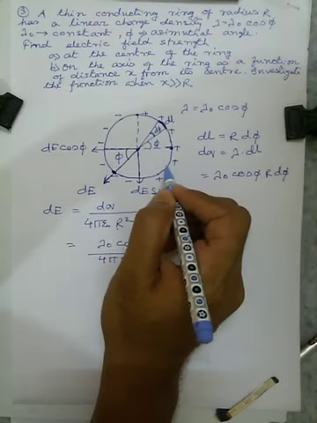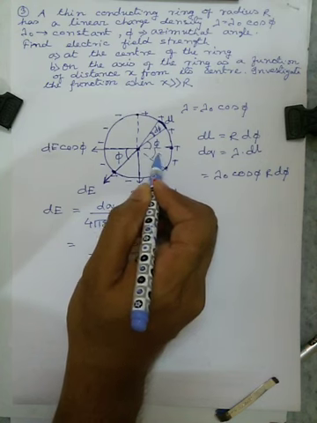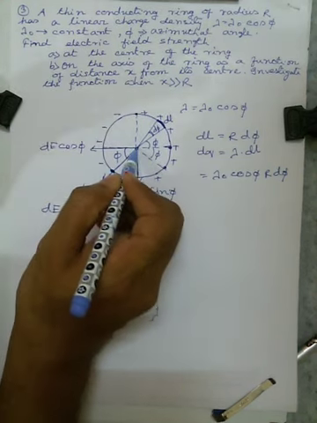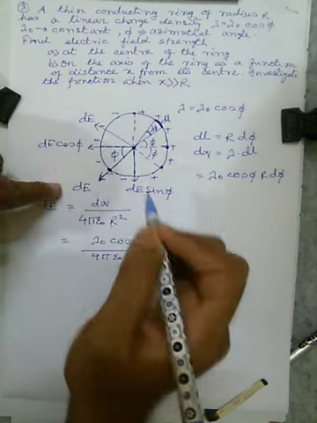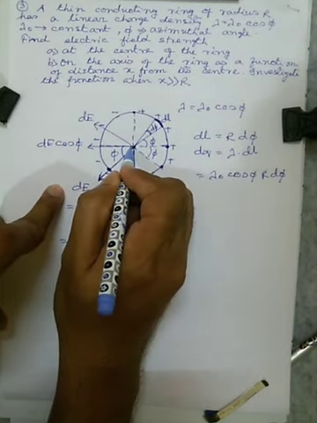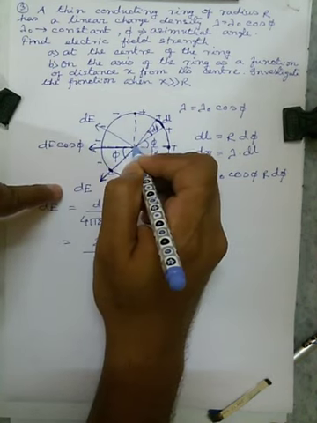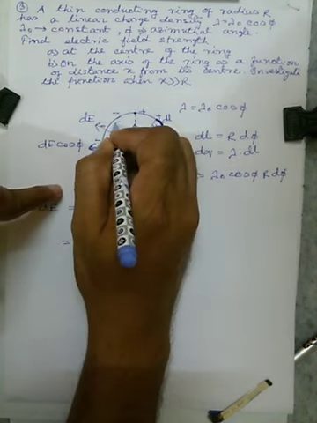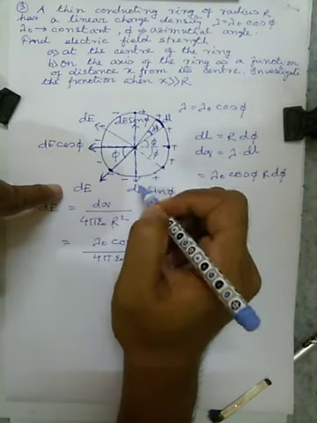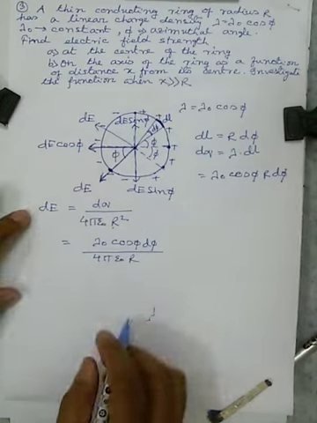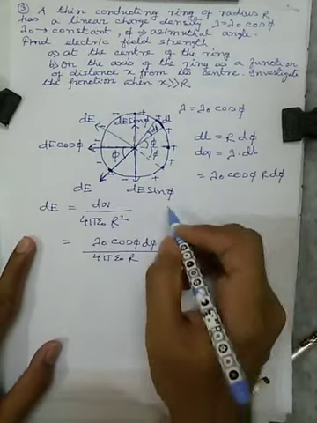Now if we consider another charge dq at the same angle phi here, then the electric field will be along this line, which is dE. This field will have the same component dE cos phi in this direction and dE sin phi in this direction. Therefore the sin phi components will cancel each other.